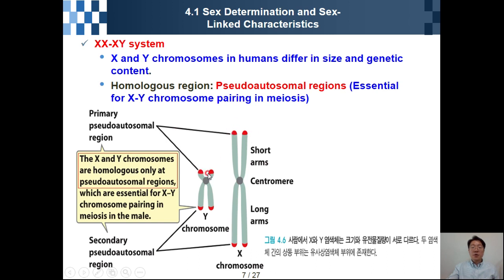The region located in the short arm, we call the primary pseudo-autosomal region. And the region located in the longer arm, we call the secondary pseudo-autosomal region. This pseudo-autosomal region is essential for XY chromosome pairing in meiosis, specifically metaphase 1.